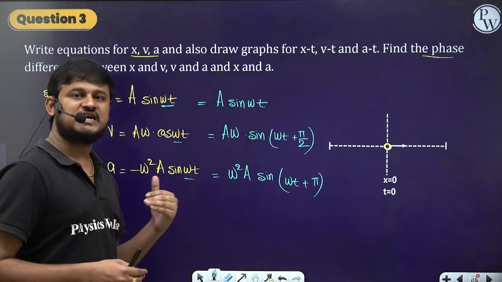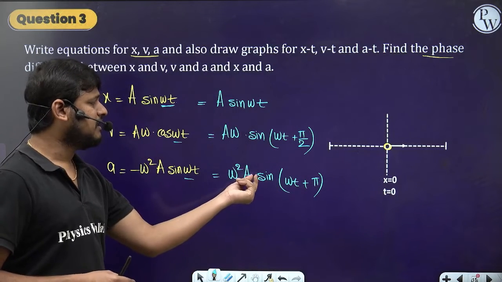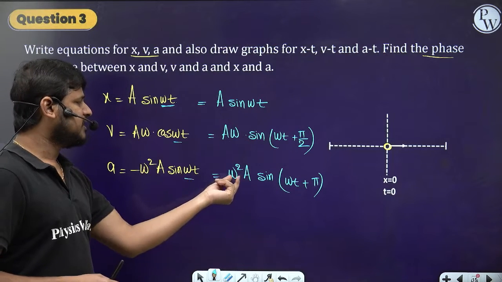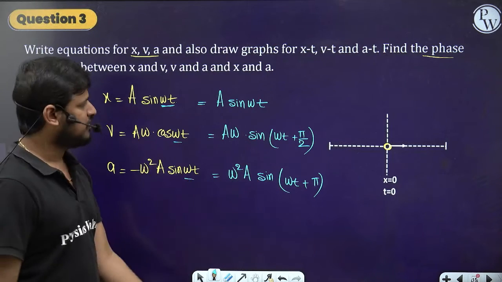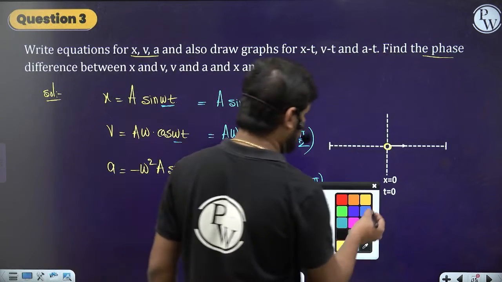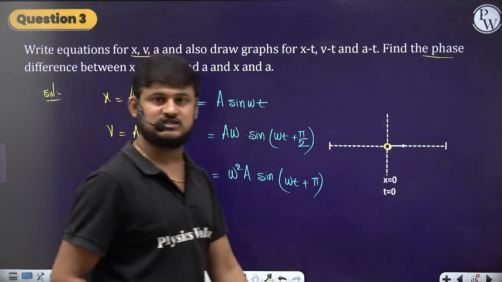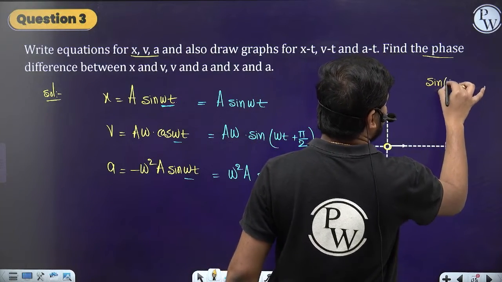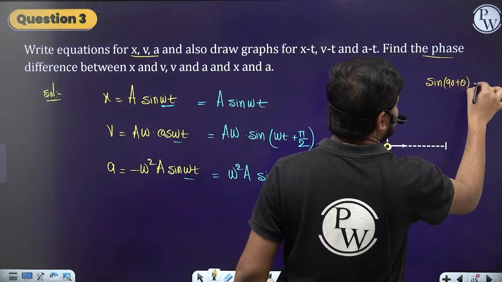In the third quadrant, sine is going to be negative. It will become minus sine omega t, right? So minus sine omega t means minus omega square a sine omega t it will become. So now all are in sine functions. See, basic maths you already know. We already dealt with 2 lectures for the basic maths. So the sine of 90 plus theta is equal to cos theta.